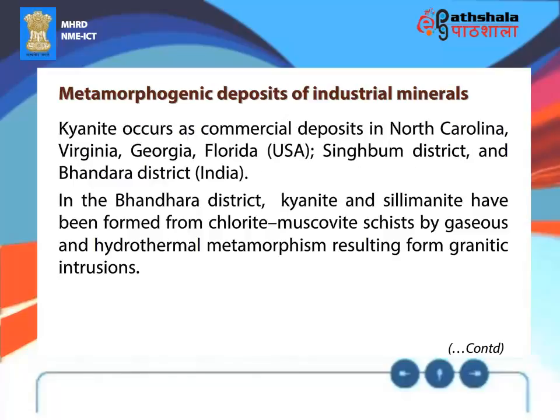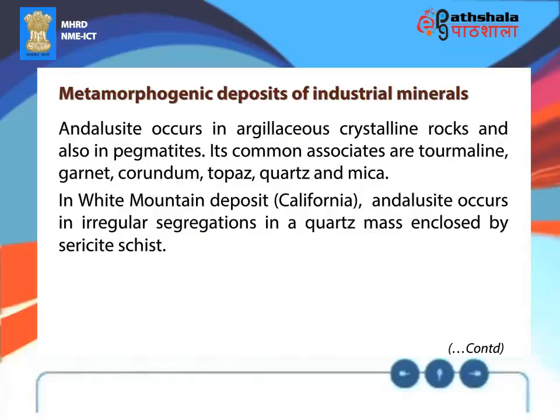Kyanite occurs as commercial deposits in North Carolina, Virginia, Georgia, Florida in USA, Singhbhum district and Bandara district in India. In the Bandara district, kyanite and sillimanite have been formed from chlorite, muscovite schists by gaseous and hydrothermal metamorphism resulting from granitic intrusions.